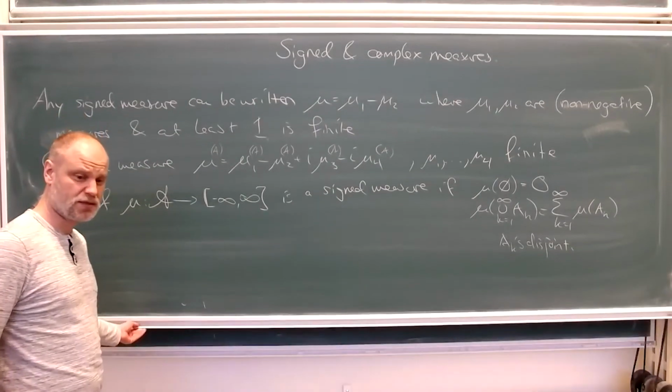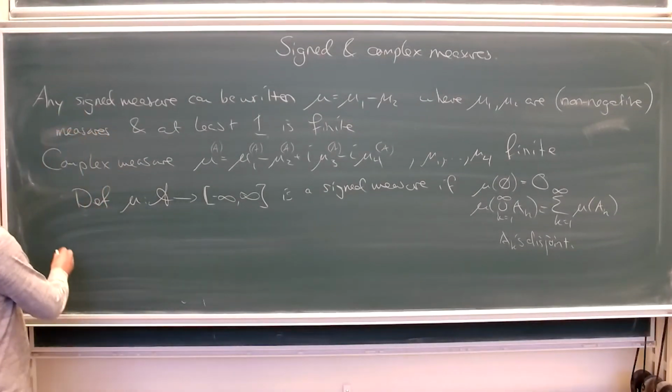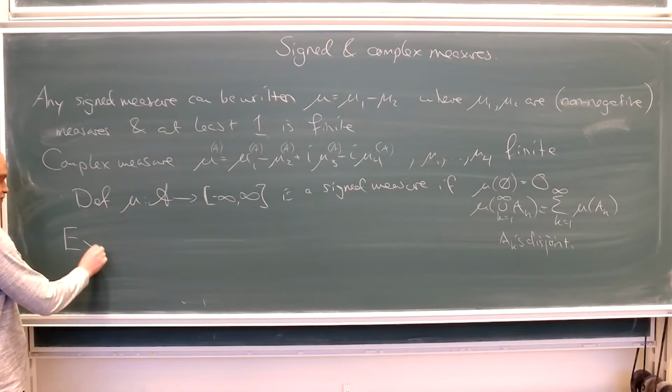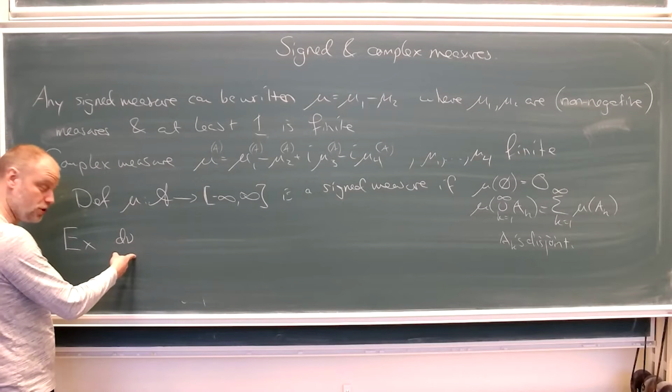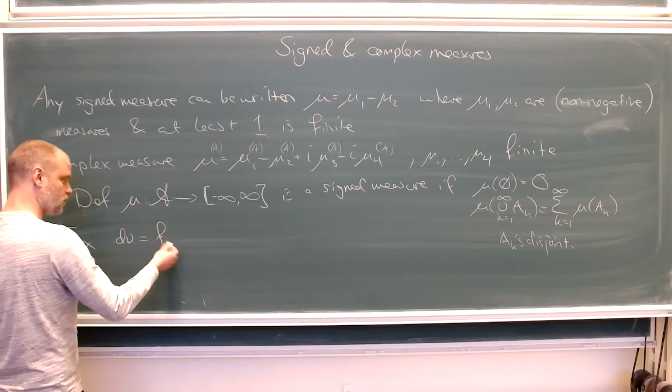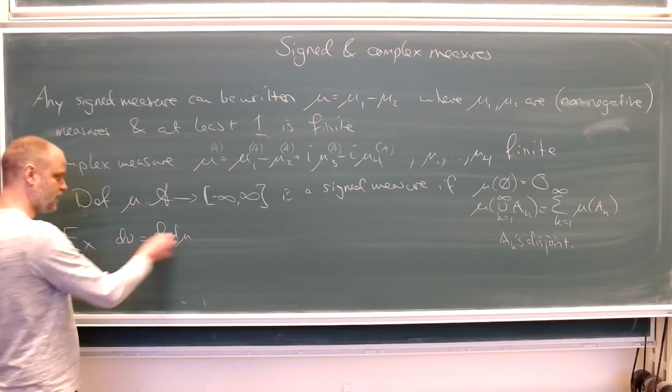Now, one way of getting such measures naturally is, remember, we defined new measures, if we had an old measure mu, by writing like this.